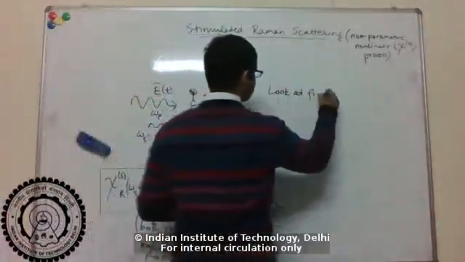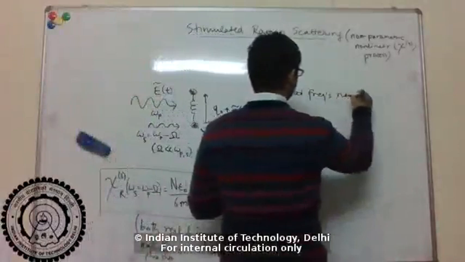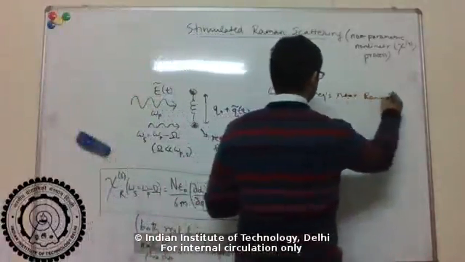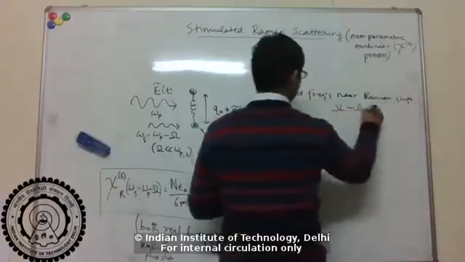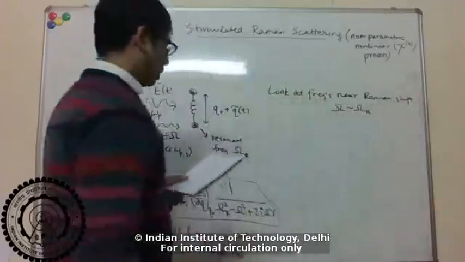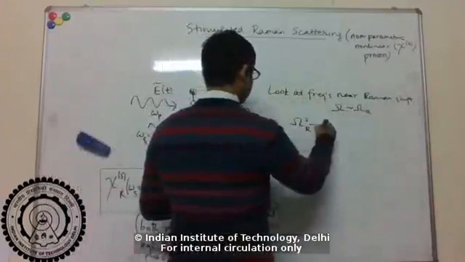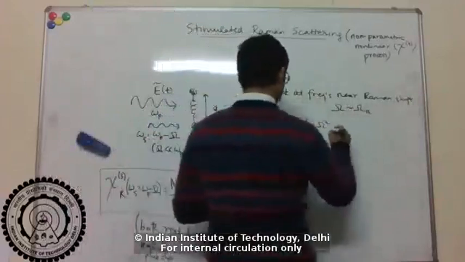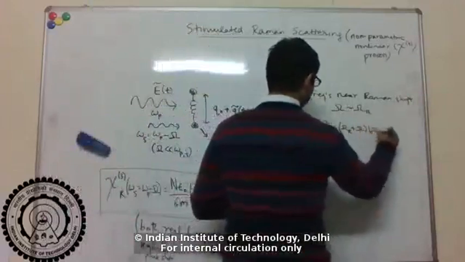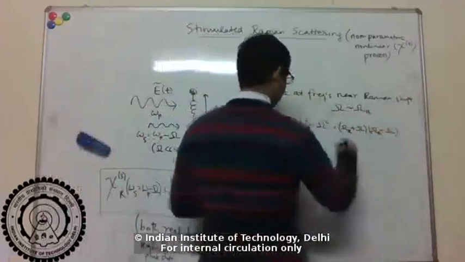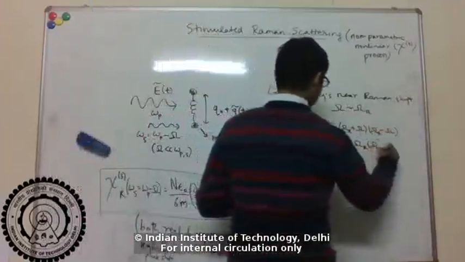Okay, so let's look at frequencies which are close to the Raman frequency, right? So omega close to omega r. If omega is close to omega r, then omega r square minus omega square, which I can write as omega r plus omega times omega r minus omega, I can approximate as 2 omega r times omega r minus omega.